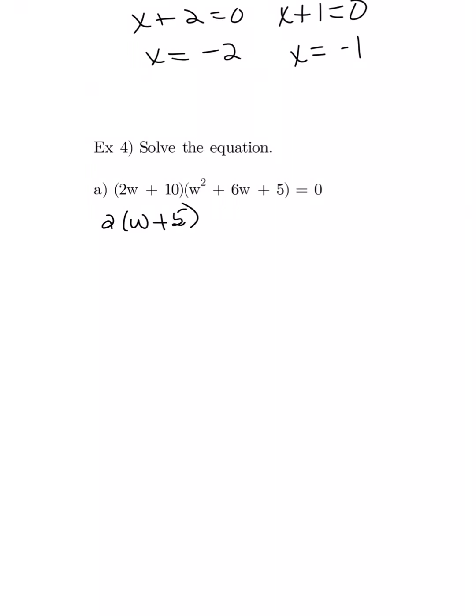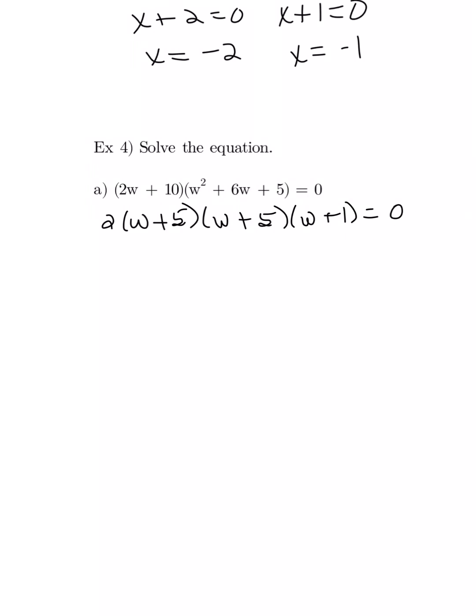The second quantity is w squared plus 6w plus 5, and that factors into w plus 5 times w plus 1 equals 0. On the very front, we have a plain 2. There is no variable with it, so we are going to ignore it.